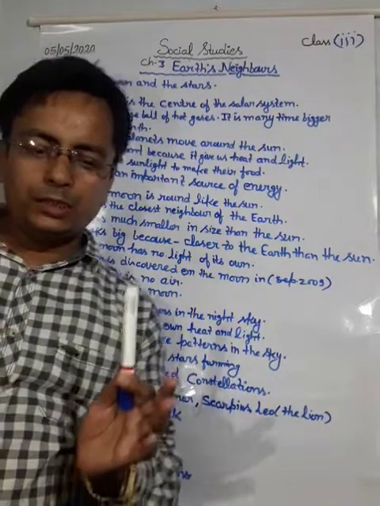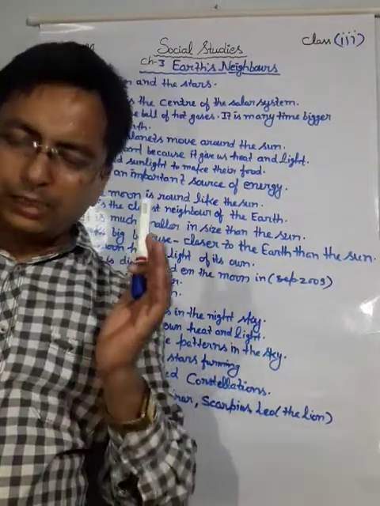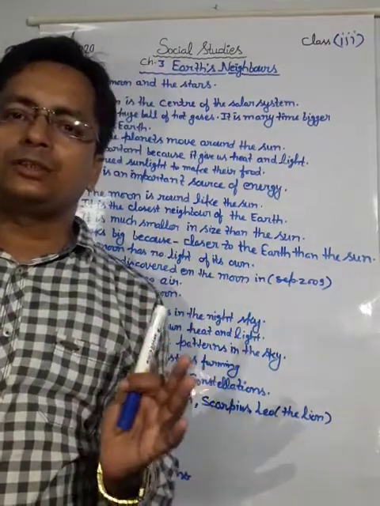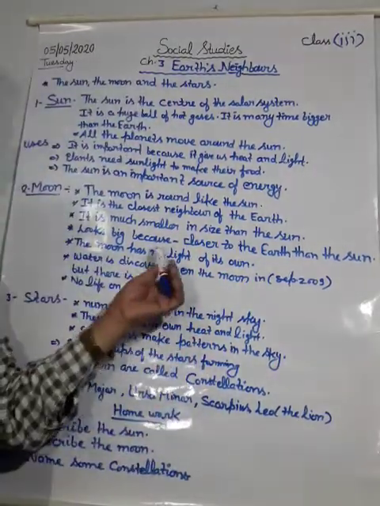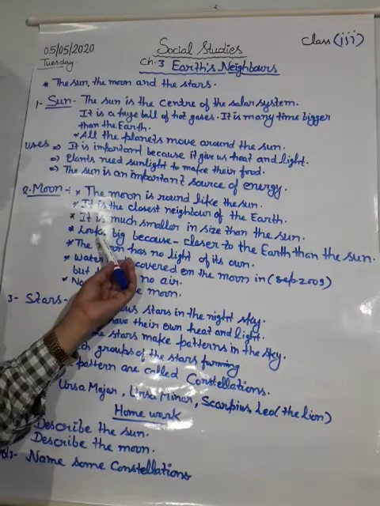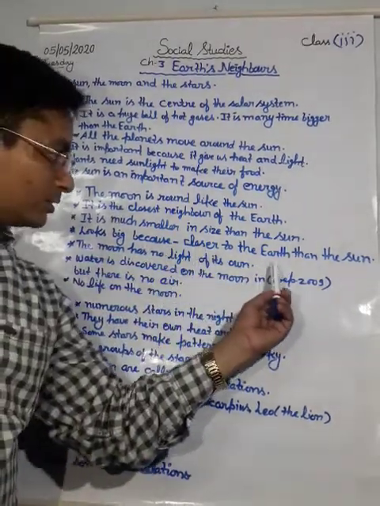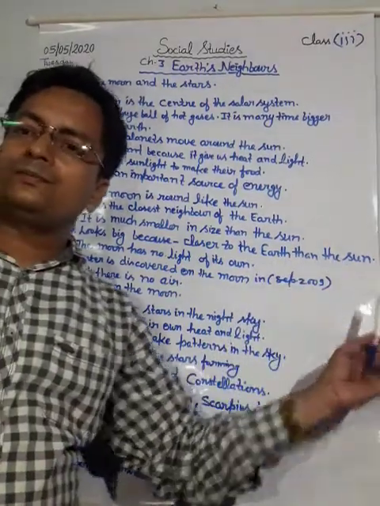Dear student, if we are close to anything, the thing will appear big and large. In the same way, the moon looks big because it is closer to the earth than the sun.